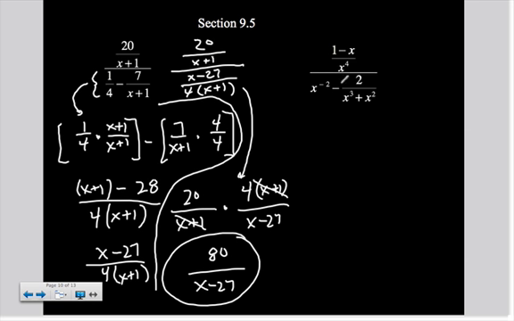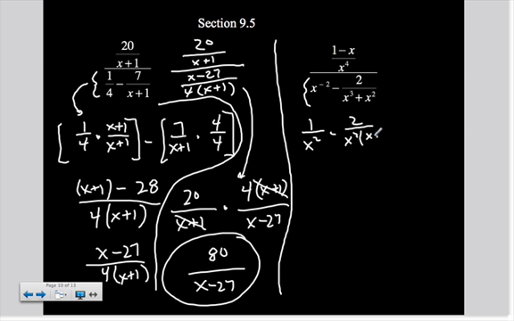Okay, so if we work on this, I'm going to start off with this denominator. Let's separate here. So this is 1 over x squared minus 2 over, I'm going to factor this, x squared times x plus 1. So you can see x squared times x plus 1 is my common denominator. I just have to introduce the x plus 1 to this portion of the fraction.